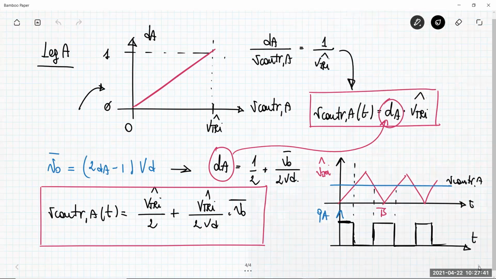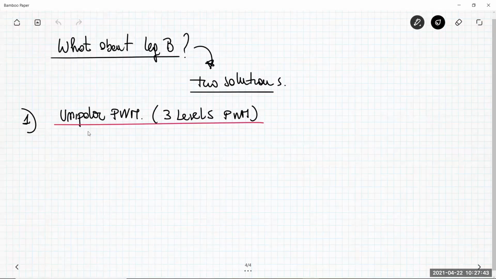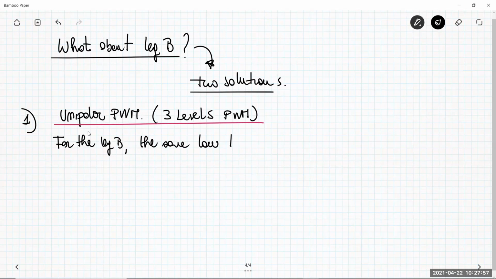But in this case, the first solution, which is called unipolar pulse width modulator, for the leg B I choose the same law to generate QB starting from V control B. So what does it mean?